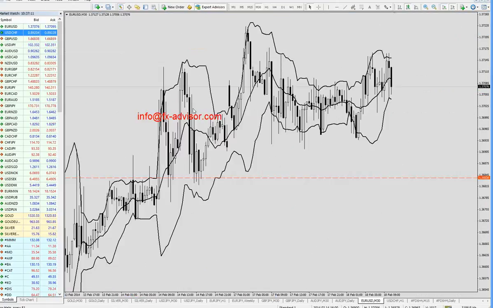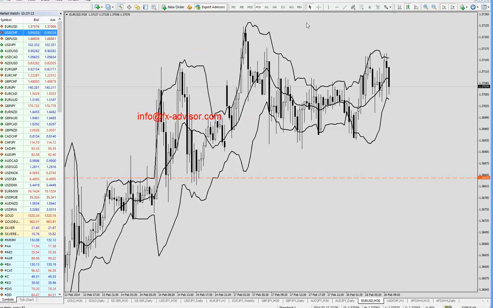Euro dollar. To see light in the tunnel for our short, we have to go below 137 first. Is it possible?